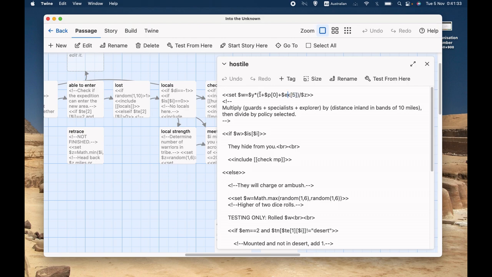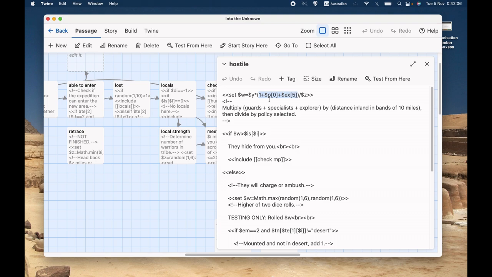So this is essentially the number of people who can fight. Now, it's possible that either you, the player character, and or some of these specialists will be sick and therefore not able to fight. But it doesn't take that into account. In the rules as written, they still count towards the total.